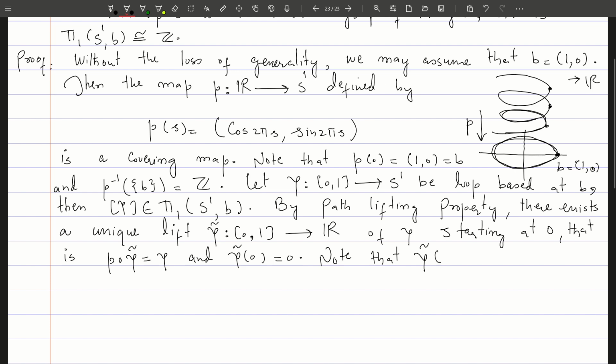Now note that gamma tilde of 1 will be equal to P inverse of gamma of 1.